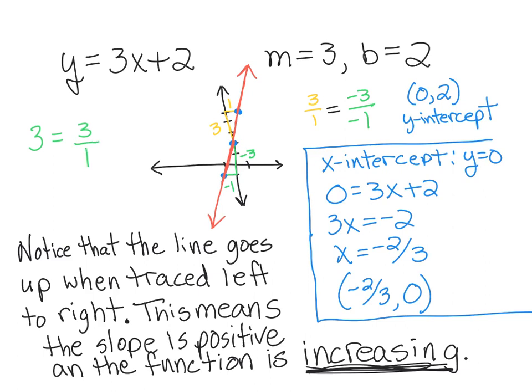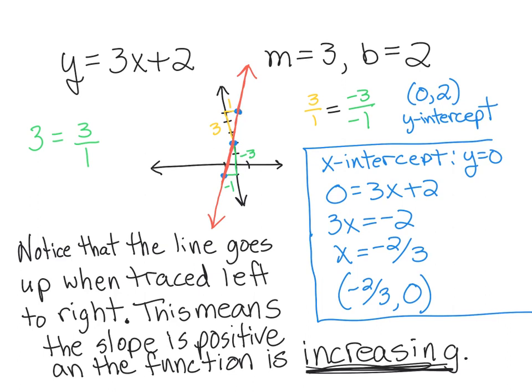Your denominator is 1. So if my slope is 3 over 1, I put my pin at the point that I know. Don't start at the origin. Start at a point that you know is on the line. That guy right there. And I'm going to go up 3, rise 3 over 1, and make a dot.